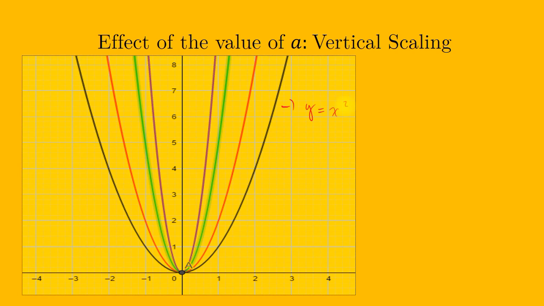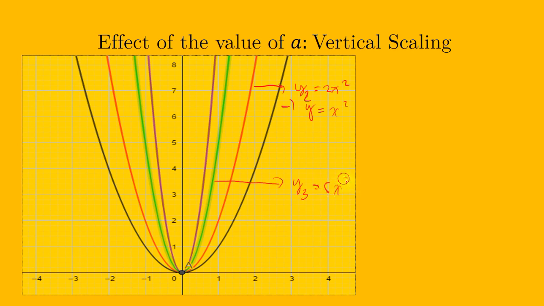The red one is y sub 2 equals 2x squared. Then the green one is y sub 3 equals 5x squared.